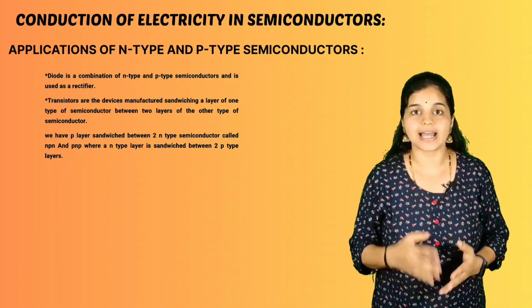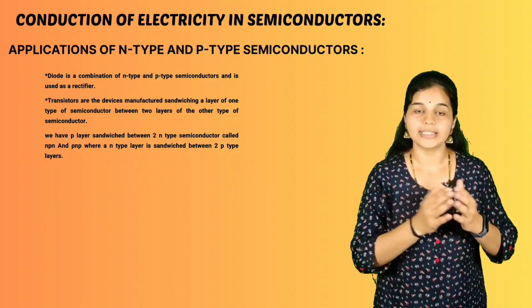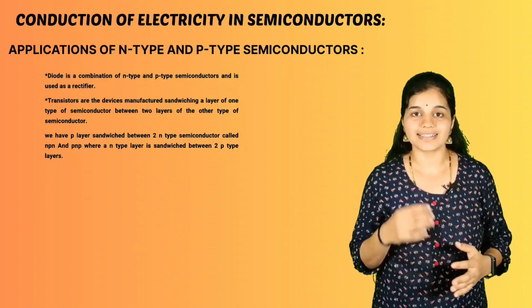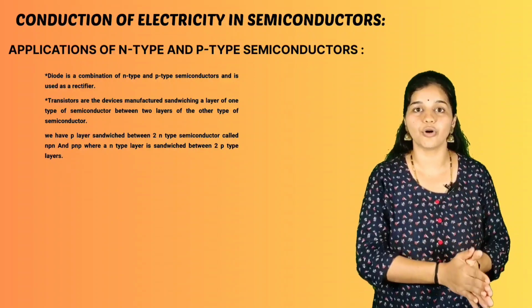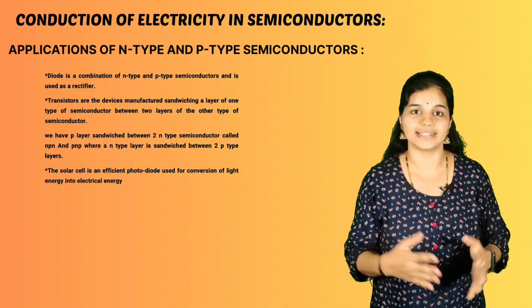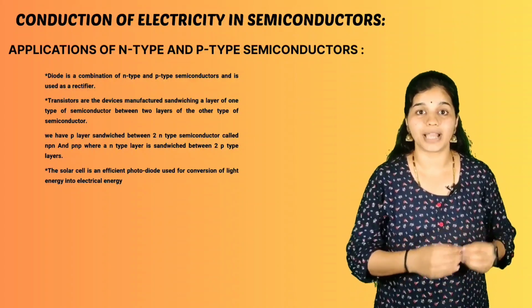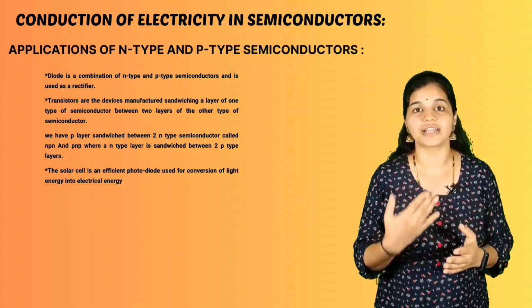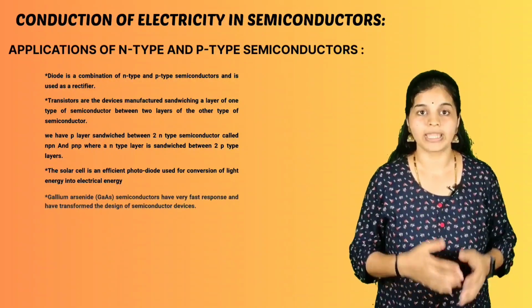These transistors are used to detect or amplify radio or audio signals. The solar cell is an efficient photodiode that is used for the conversion of light energy into electrical energy. Gallium arsenide is a semiconductor that has a very fast response and has transformed the design of semiconductor devices.